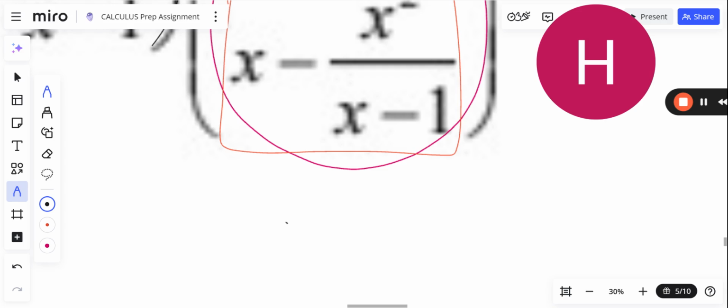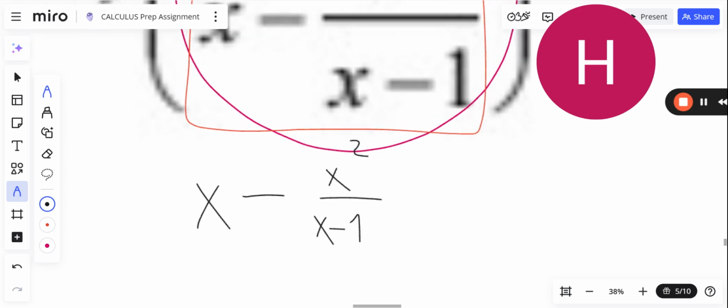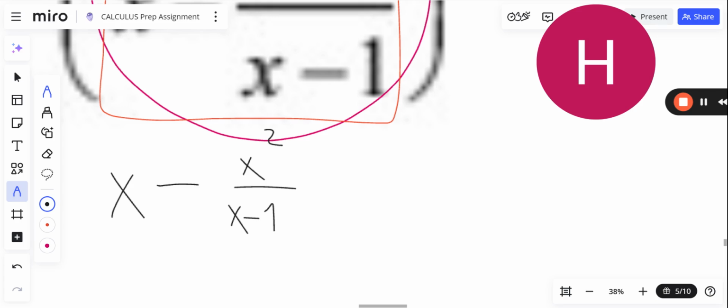Let's take this x minus x squared over x minus 1 and see if you know what to do here to combine these together. We need to have the same denominator. So I'm going to multiply this x by x minus 1 over x minus 1.